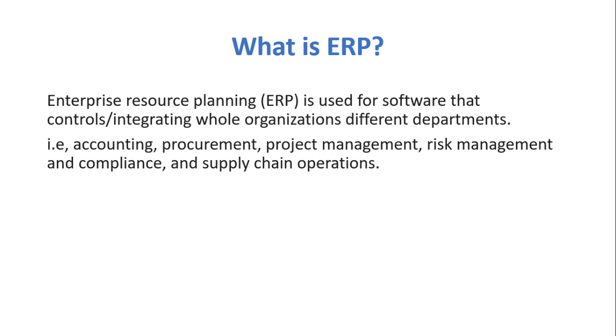For procurement, there will be a separate department. For project management, there will be a separate department. Like that, so many departments are there. ERP will be used for integrating all the departments under a single umbrella, in a single chain. That's the reason ERP is used in this software.